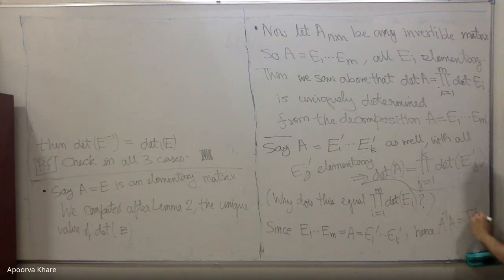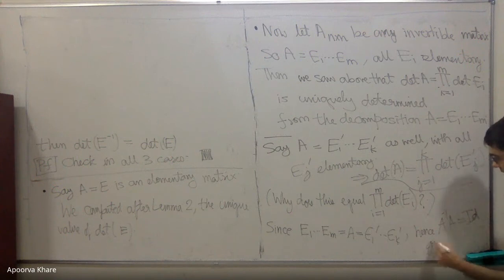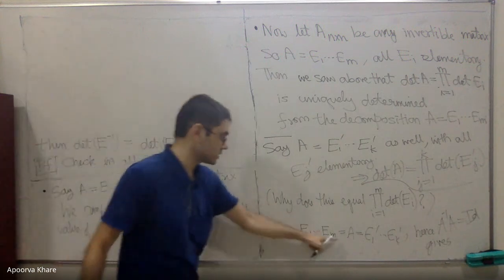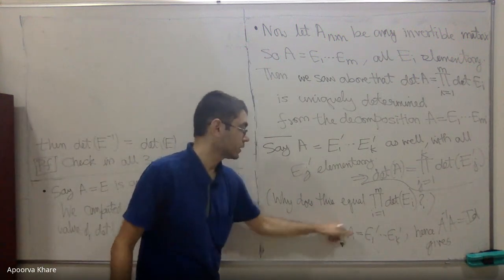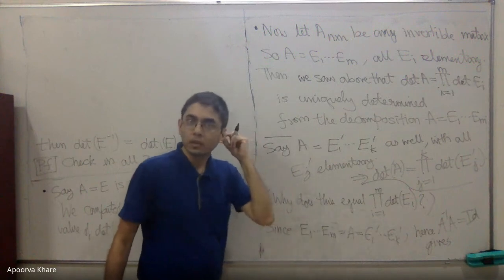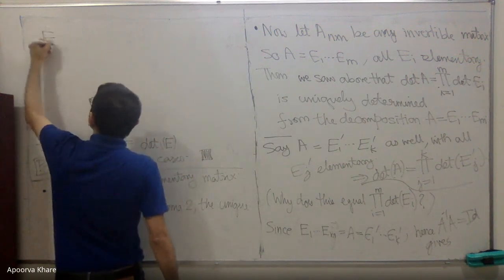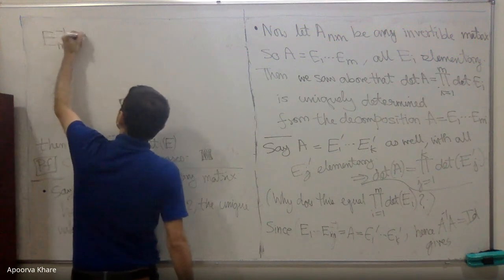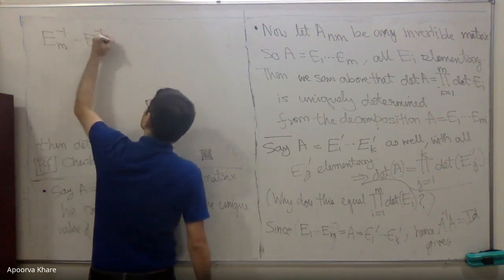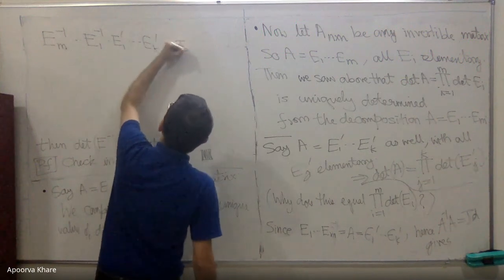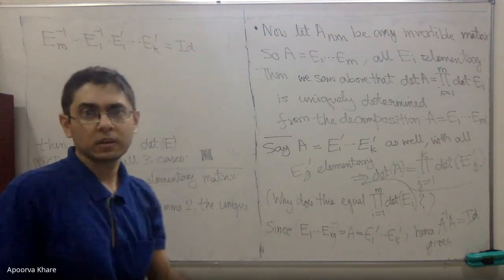So write down that A is invertible. Remember, A inverse A is identity. This yields the following equality. Let's take the inverse of this, so this inverse times that. Okay? So what do we get? What is the inverse of a product? You have to take the inverses in the opposite order. This is what you get.